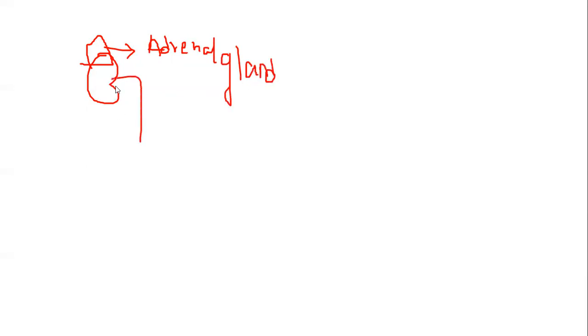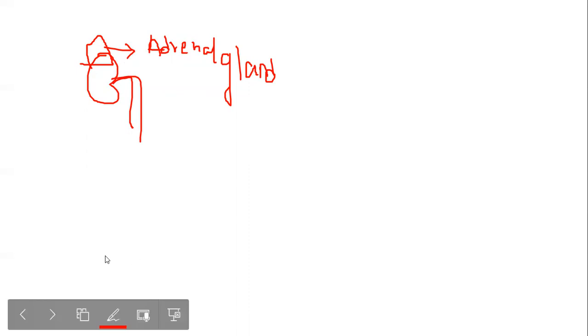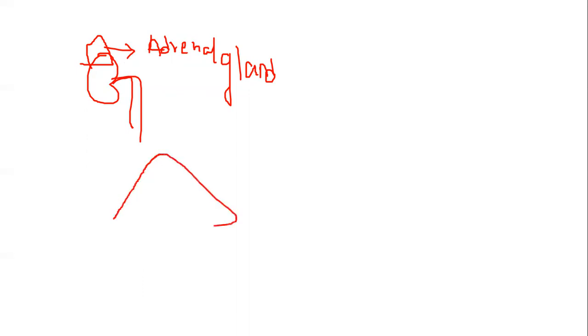So one body has one pair of adrenal glands, one at the anterior part of each kidney, and it has two types of tissues. That is, one is adrenal cortex and one is adrenal medulla. So outer cortex and inner medulla. So this is the cross section when you see.